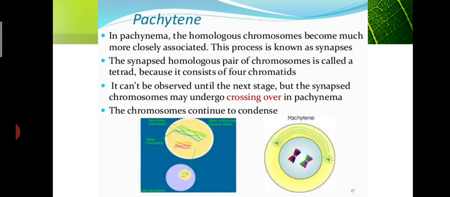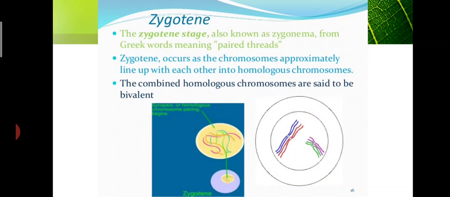Next is pachytene, where pachy means thick. The chromosomes become twisted like threads, and the pairs so formed we call bivalents. Each bivalent now contains 4 chromatids, which is the tetrad stage.